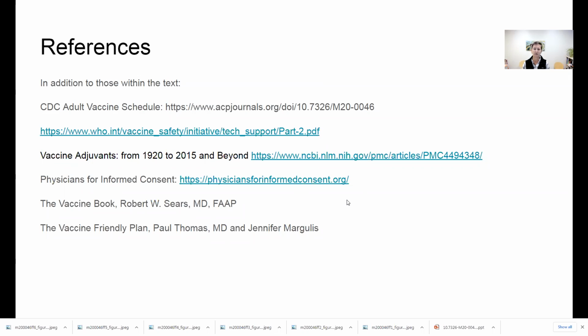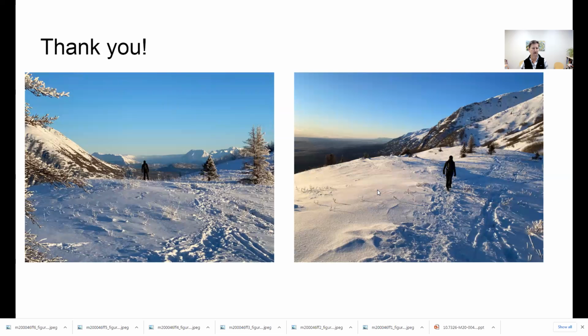Two of my favorite books when I'm talking about vaccines are The Vaccine Book by Robert Sears, and The Vaccine Friendly Plan by Paul Thomas and Jennifer Margulis. This was up on the top of Blueberry Knoll on Saturday. It was actually really quite nice up there.